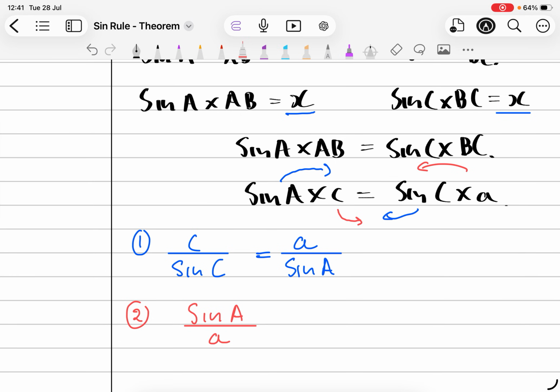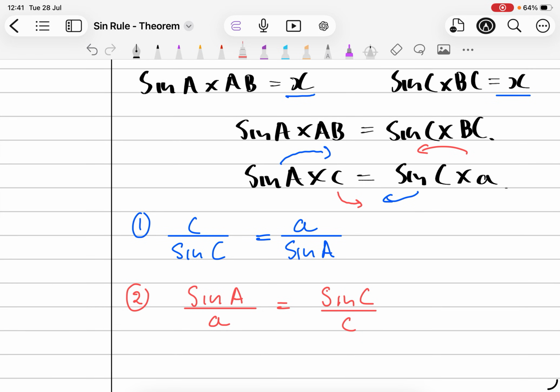Because that then turns into divide. And sine C remains on the right side over who? Over c.